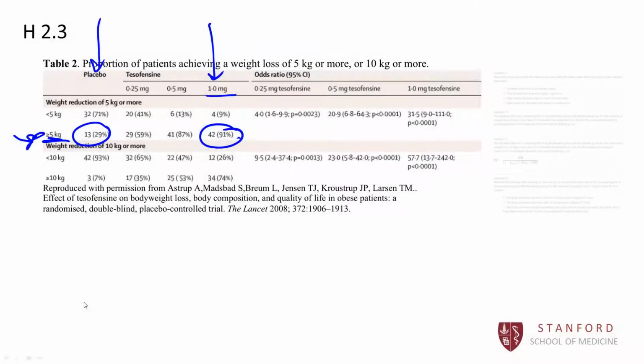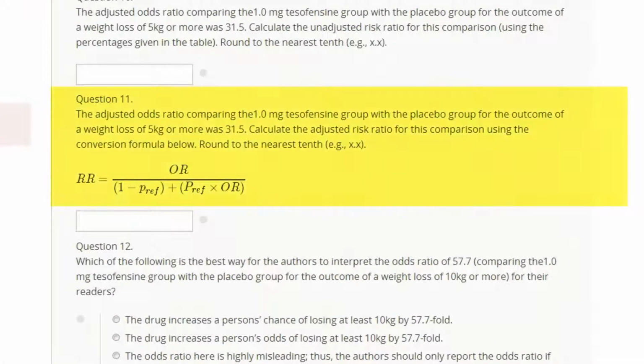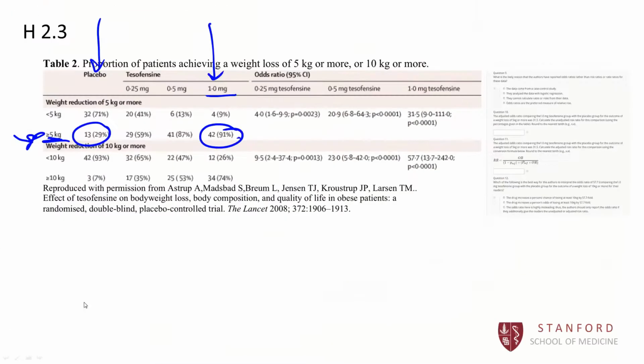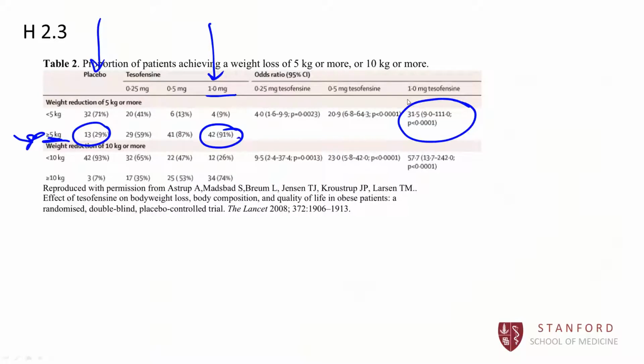The next part of this question is asking us to calculate the adjusted risk ratio based on this adjusted odds ratio that's given here. We are provided with the conversion formula in the problem set, so I will write that out here.